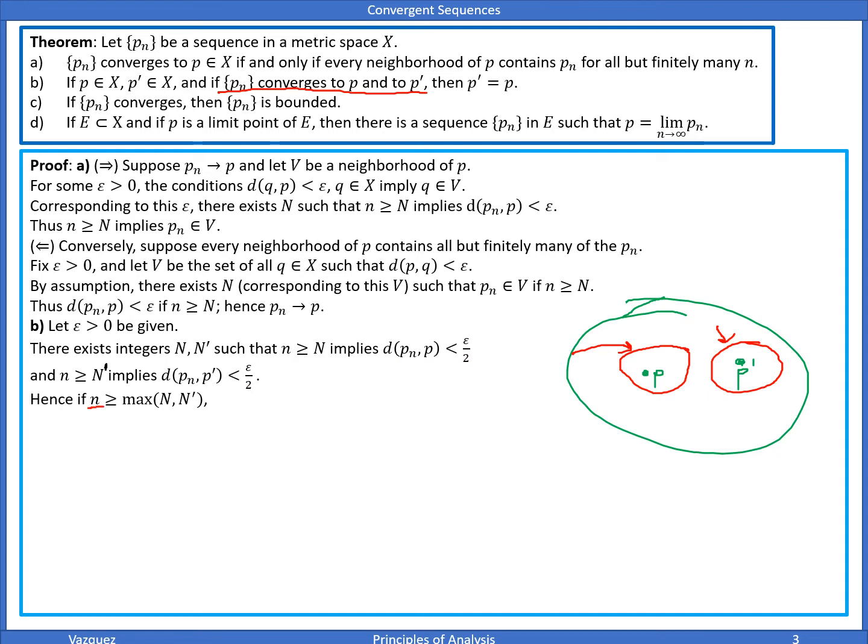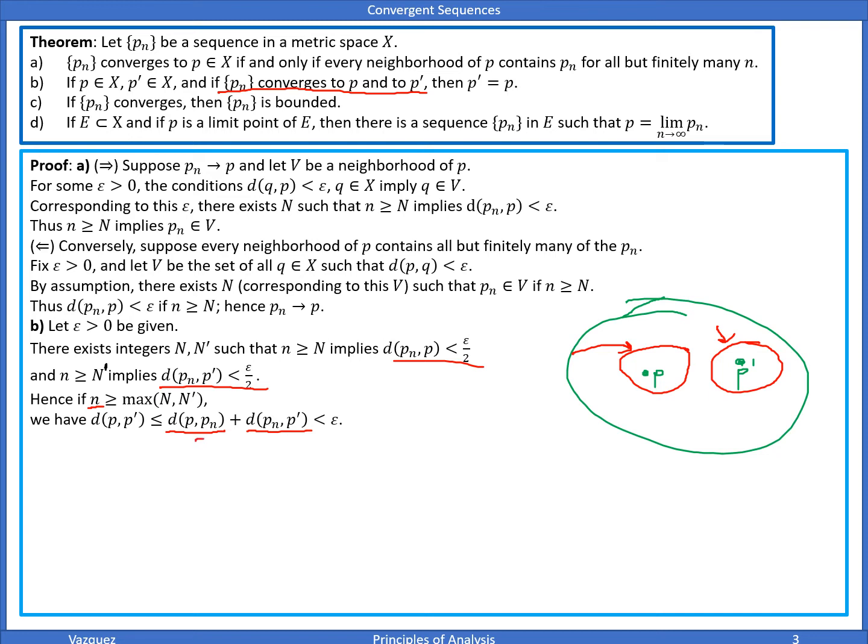So we're gonna choose n greater than or equal to the max of both n and n prime. Why? So that this condition is met for both of these. Well, we have that the distance between P and P prime is less than or equal to the distance between P and P sub n plus the distance between P sub n and P prime, triangle inequality, which is less than epsilon, right?